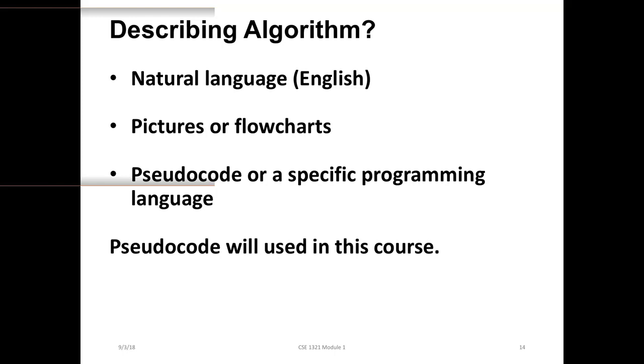But if you give arrows, right, left, forward, that is a flowchart. It will give you a direction. We'll see that later. These are the three common ways of describing an algorithm.